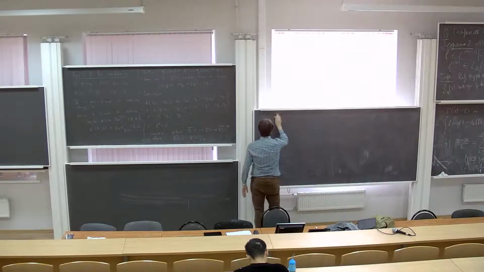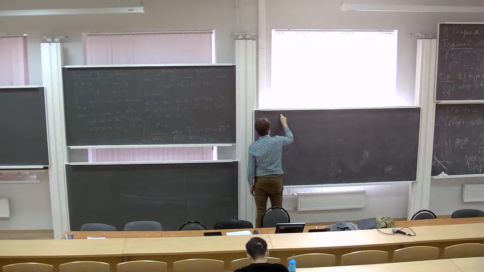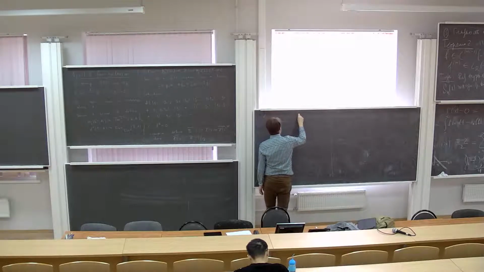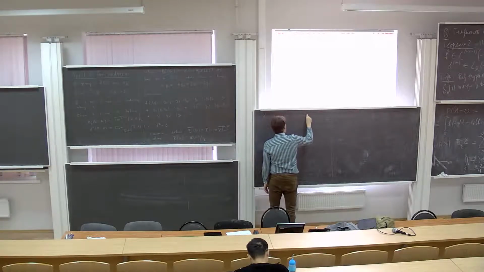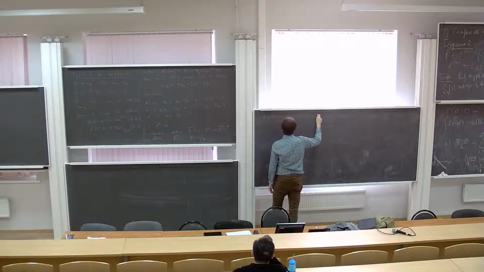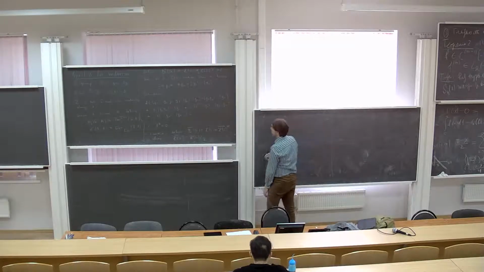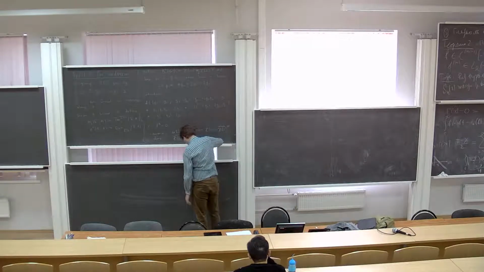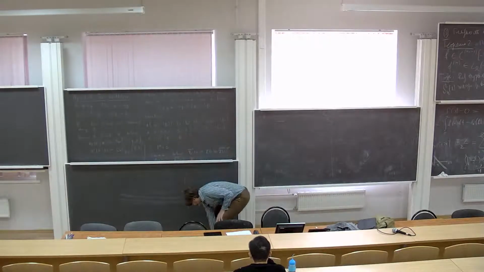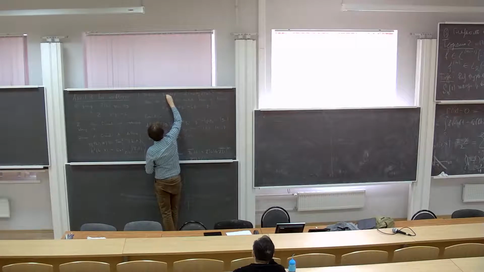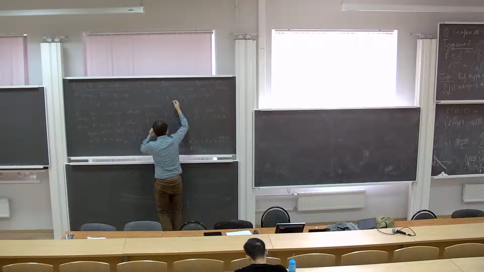So you can check that there's a subcomplex of B. I probably should write B lower n, because this isn't homological grading.